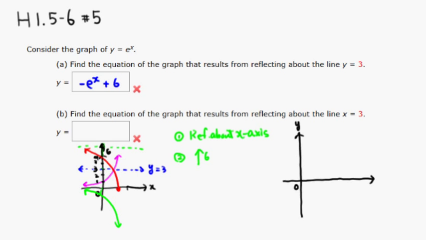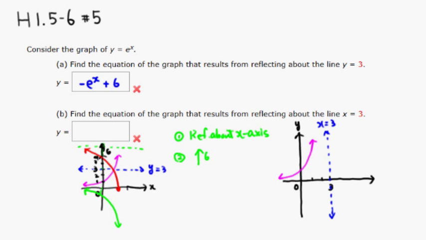The original graph looks like this, just like before. But x equals 3, so you have 1, 2, 3. So this is the line x equals 3.